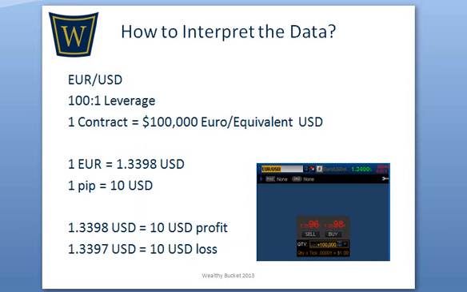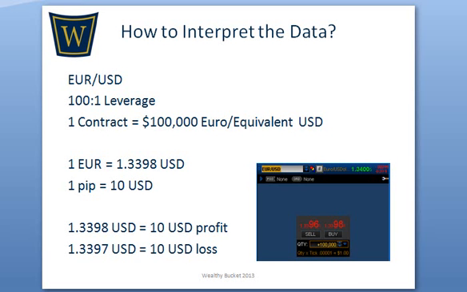This example is assuming that an investor has leverage provided at 100 to 1. This simply means that the investor only requires $1 to control $100. Forex trading is always expressed in contract sizes. In this example, we will be using one standard contract, which is the equivalent of $100,000. Should the investor buy 1 Euro-US dollar contract based on the current price during this recording, then the contract or investment would have a value of $133,980 US dollars.